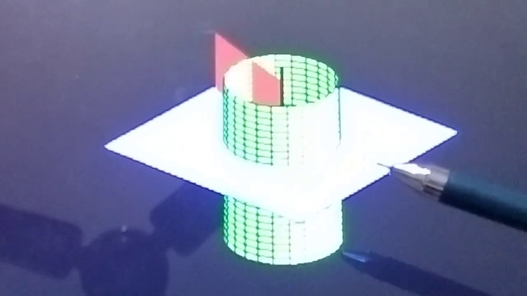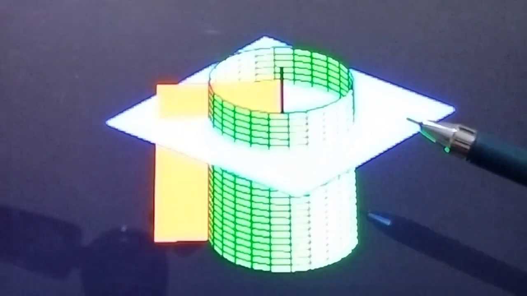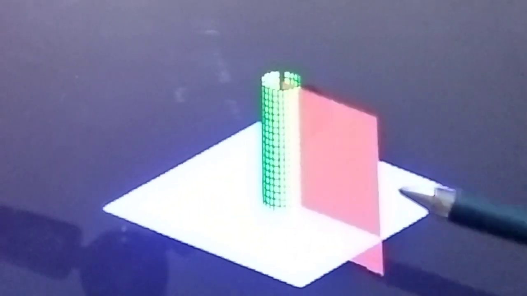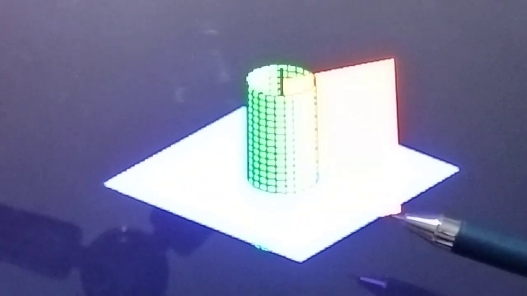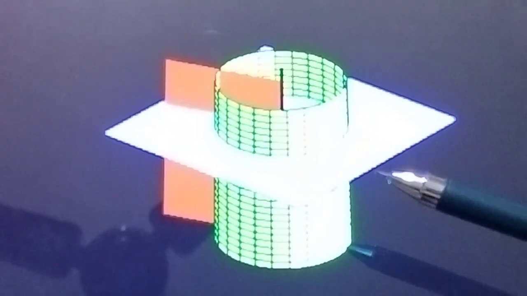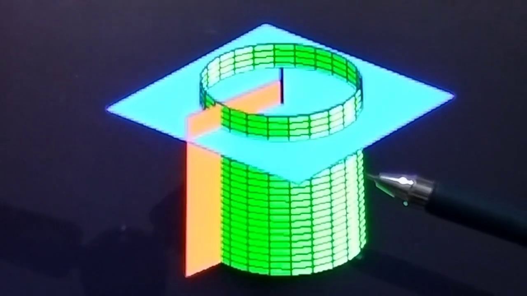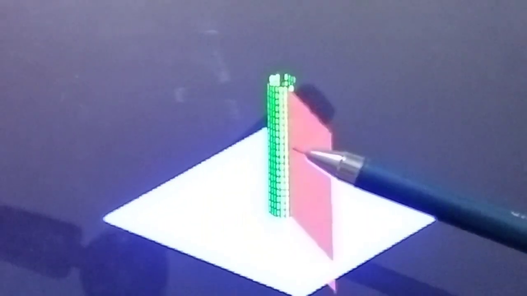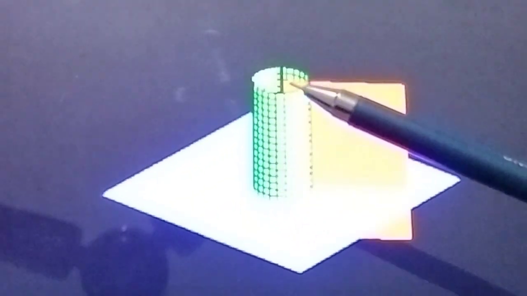And you see this white plane, now it is green. This plane is along the change in the z direction. So you have variation of three coordinates, one along rho, that is along the radial distance.